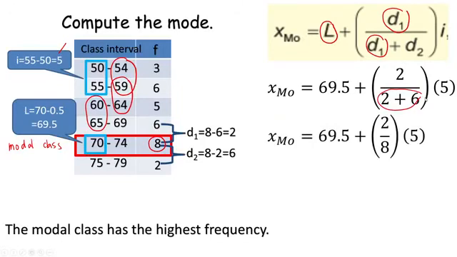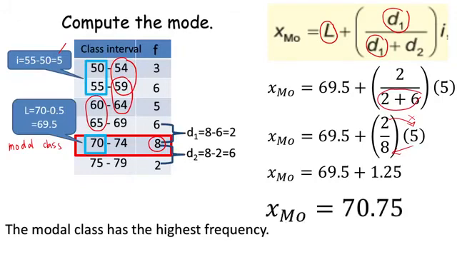Then what is 2 times 5 divided by 8? 1.25. 1.25 plus 69.5 is 70.75. That will be our mode, 70.75. Okay? Any questions about the second example?